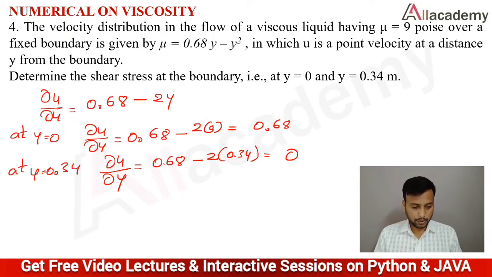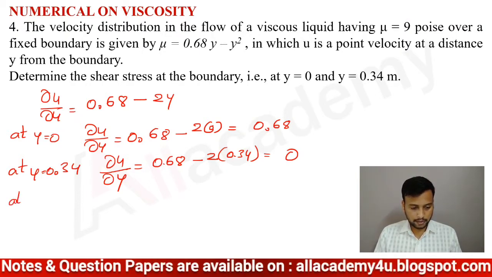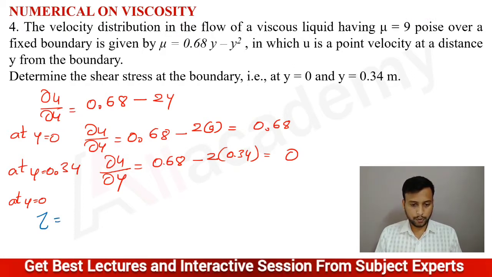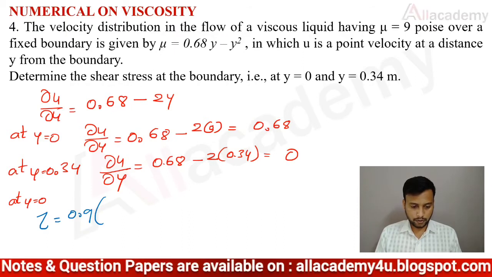Now let us substitute this. At y equals 0, tau will be equal to mu, already identified as 0.9, into du by dy at y equals 0, which is 0.68.